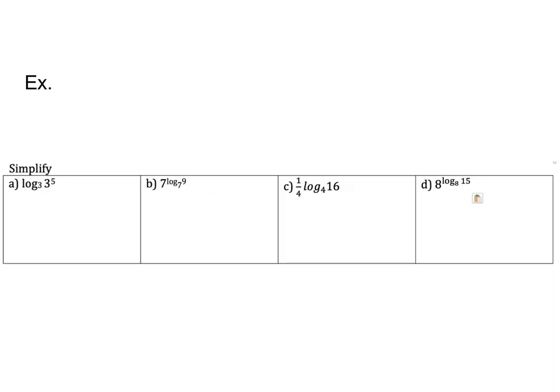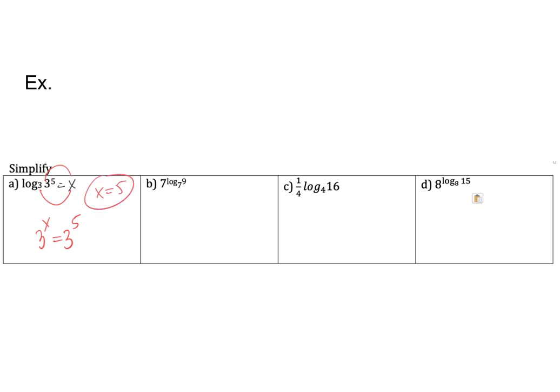All right, let's do a little more of rewriting these things. Right here, we can set this equal to x just like we did on the last page. 3 to the x equals 3 to the fifth. Bases are the same, so exponents are equal.